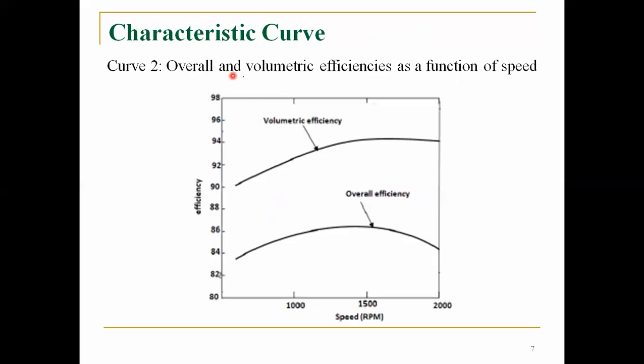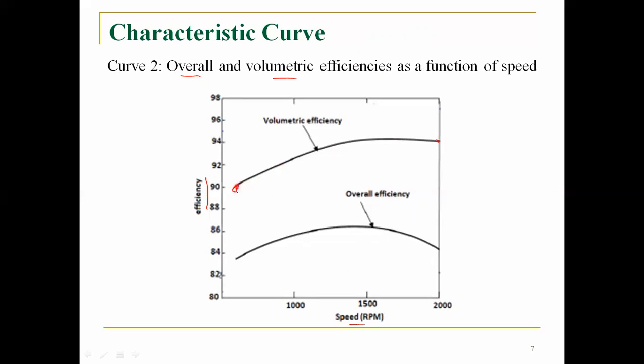Then the second curve is with respect to the efficiency and speed. That is for the overall efficiency and volumetric efficiency. Volumetric efficiency ranges from 90% to 95%.